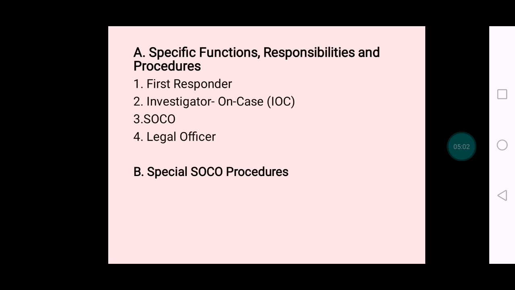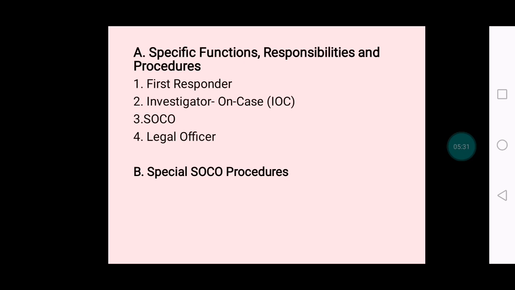Letter B is special SOCO procedures. In cases where the evidence gathered needs special processing due to significant or sensational cases, the specialist from the CL shall be requested. In bombing cases, the EOD personnel should first clear the area prior to entry of the SOCO team.